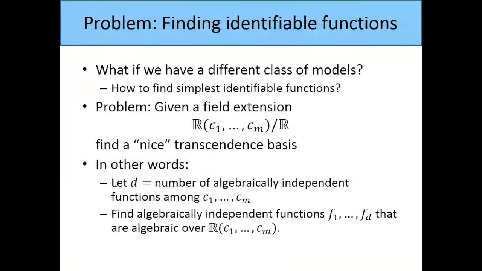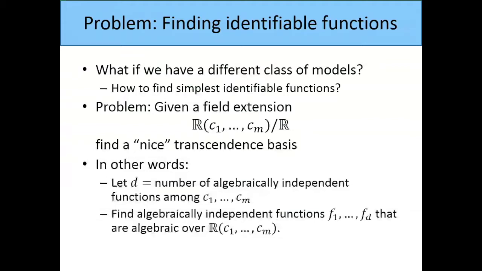We want to find D algebraically independent functions that are algebraic over my field of rational functions in the coefficients. And we want these to be as simple as possible: low degree, few terms, maybe with some nice biological interpretation.